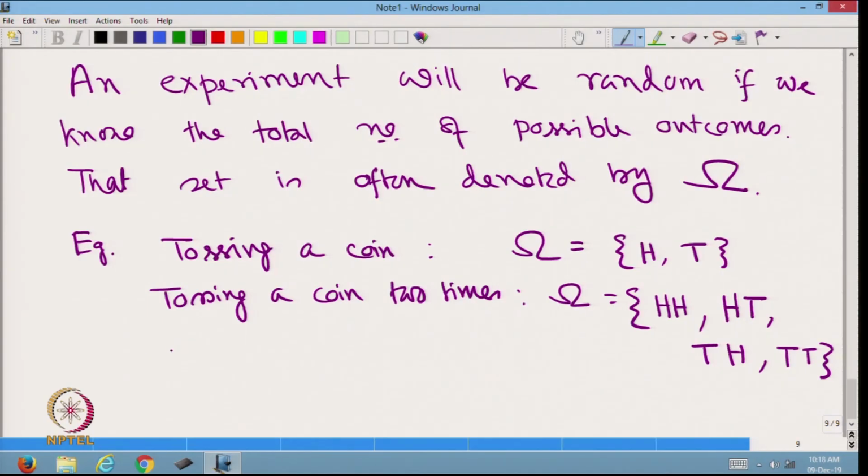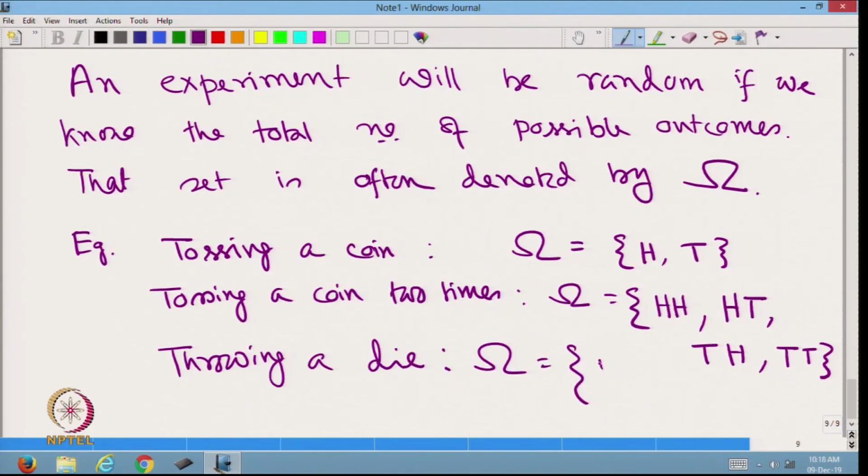And throwing a die, we will have omega equal to {1, 2, 3, 4, 5, 6}. Okay. So, I hope you understand what omega, the total number of possible outcomes, is.